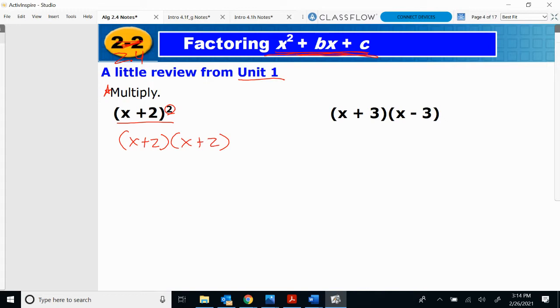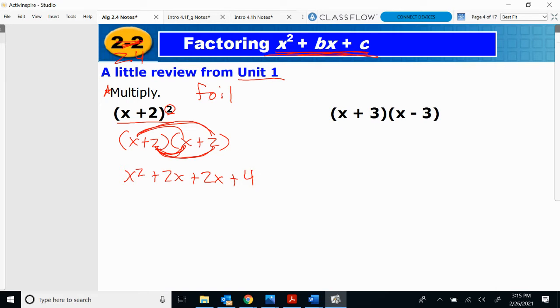All right, and then what we did was our classic foiling that we've been doing here for a while. We foiled and we multiplied those together. And when we do that, here's what we would end up with. We would get x to the power of 2 plus 2x when we multiply x times 2, plus another 2x for those, plus 2 times 2 would get us 4.